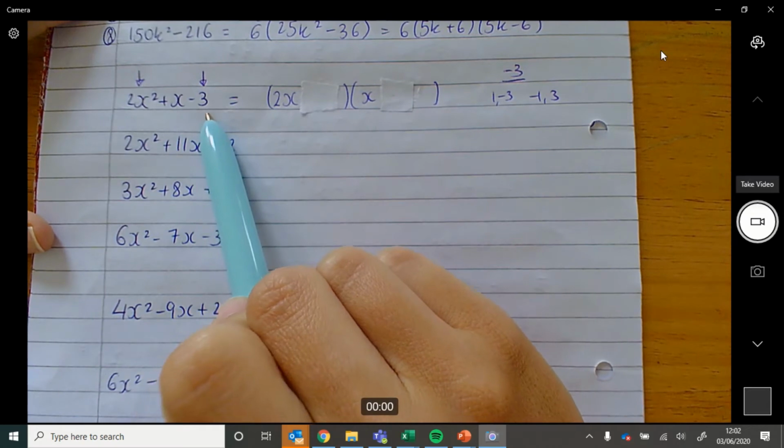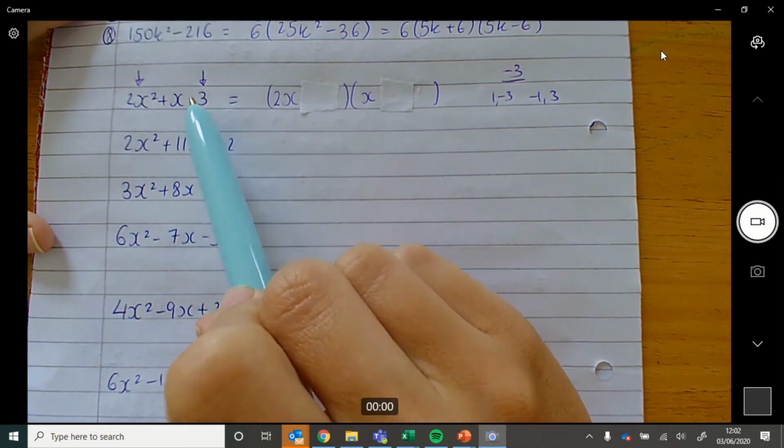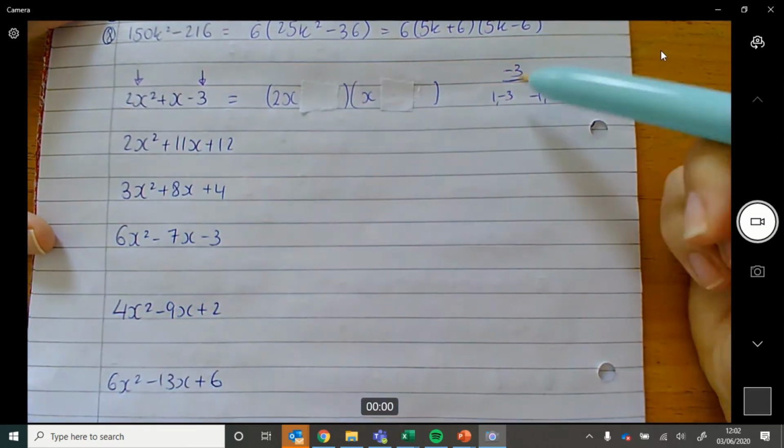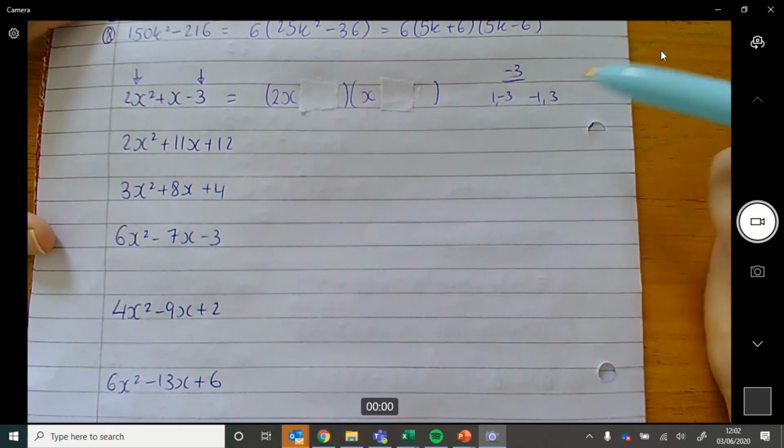We then need to look in this position, position 3, and think about what numbers multiply to give me negative 3. It's either 1 and negative 3 or negative 1 and 3.